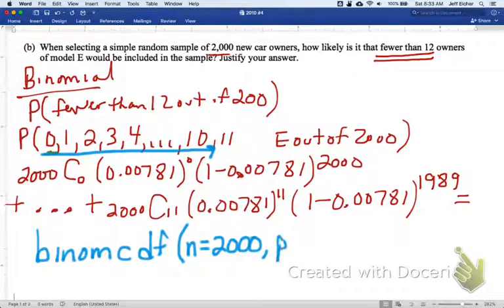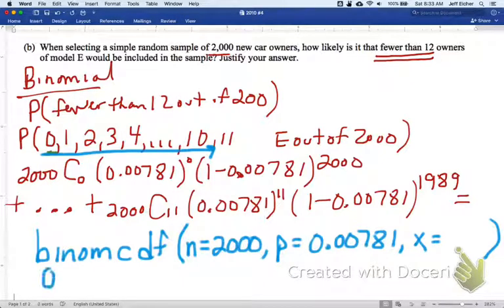Our probability of success of getting a Model E car is 0.00781. And x is, how many successes do we want? binomCDF goes from 0 up to the number you tell it, so we want to go from 0 all the way to 11.